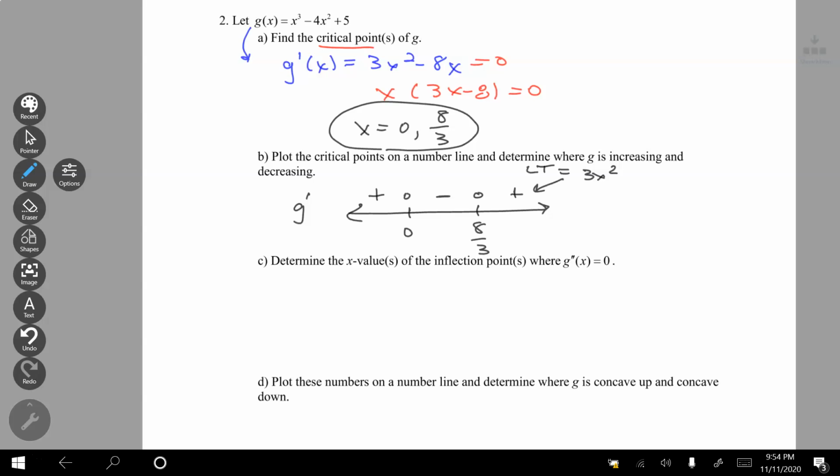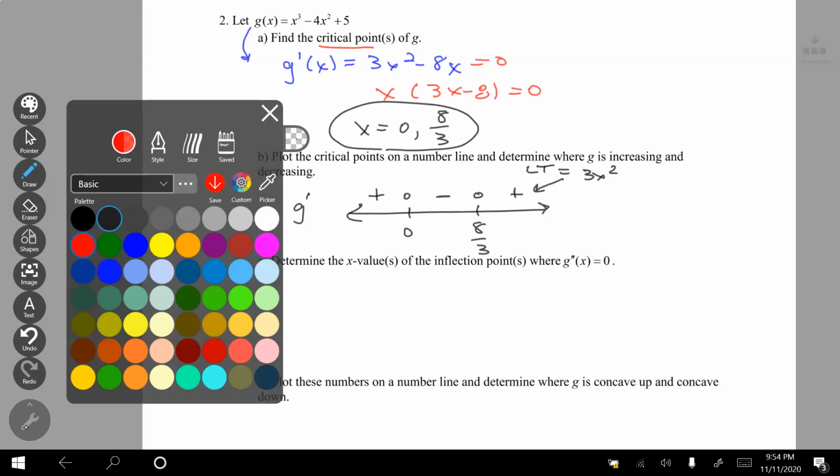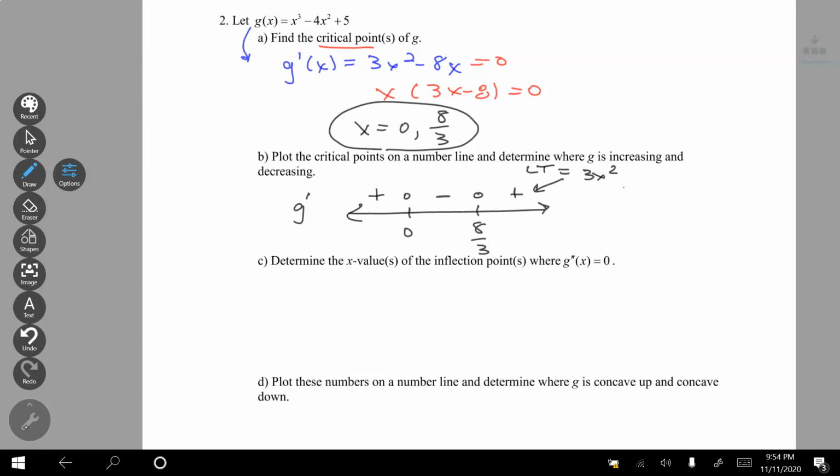And therefore, where are things increasing and decreasing? Well, my increasing part is negative infinity to 0, union 8/3 to infinity. My decreasing part is where it's negative, 0 to 8/3.